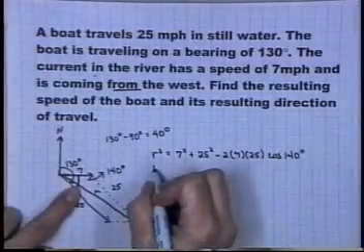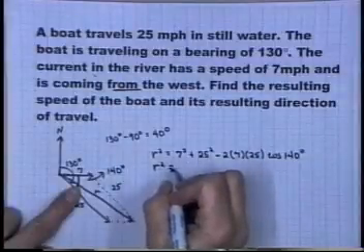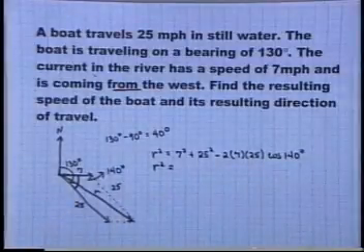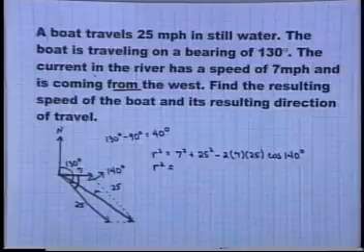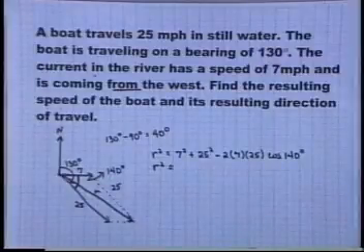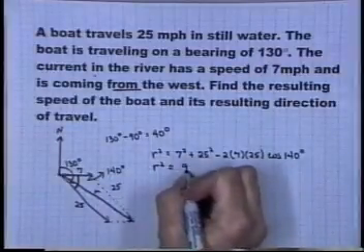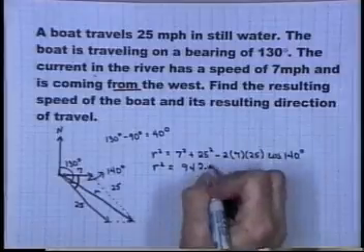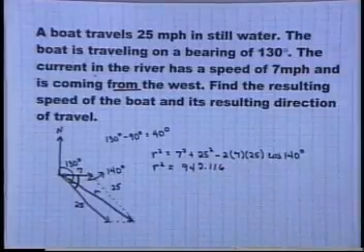So as we've done before, let's get a value for r squared first, and then we'll go from there. So we have 7 squared plus 25 squared minus 2 times 7 times 25 times the cosine of 140 degrees. Let me write down what I've got, 942.116 roughly.